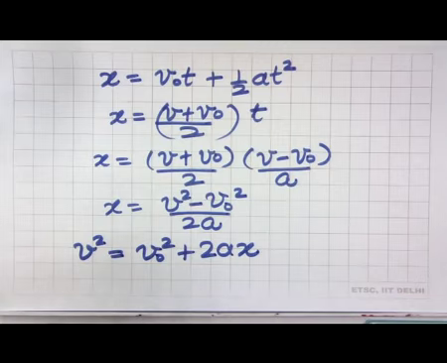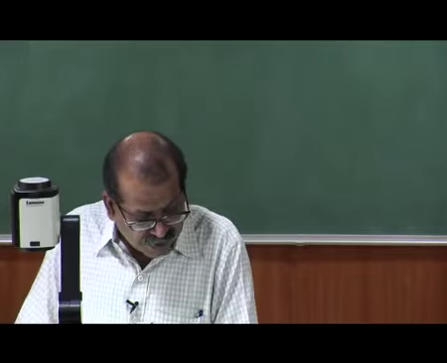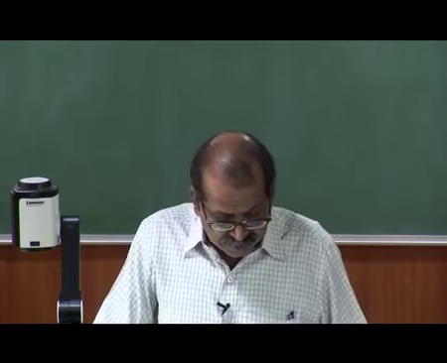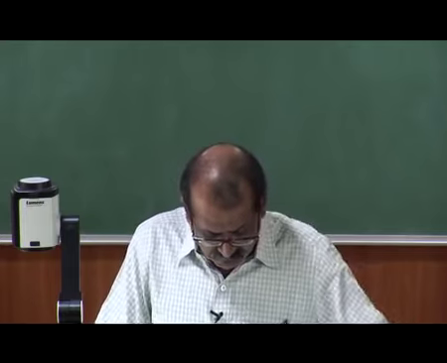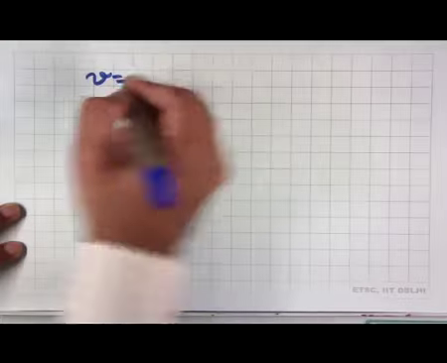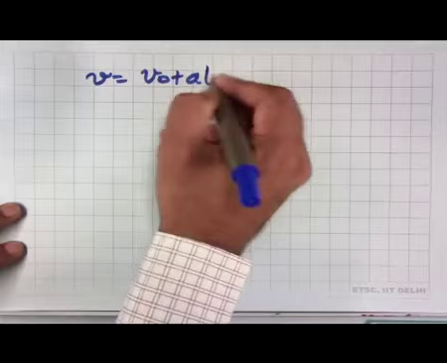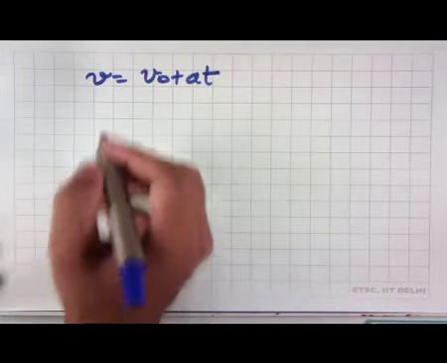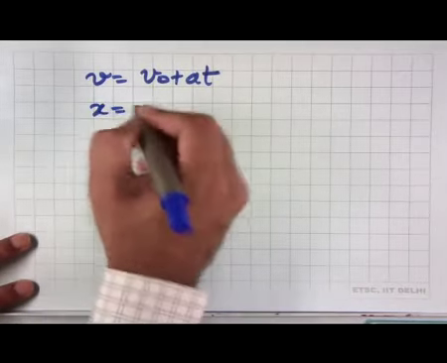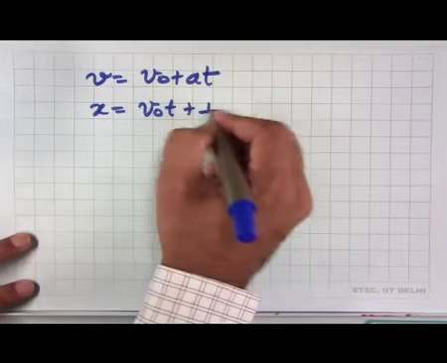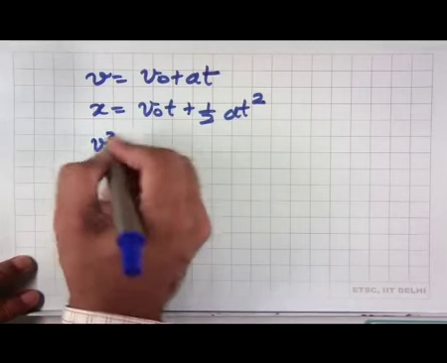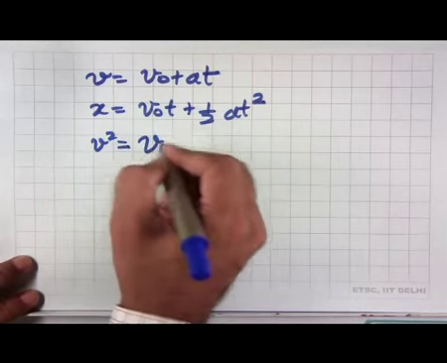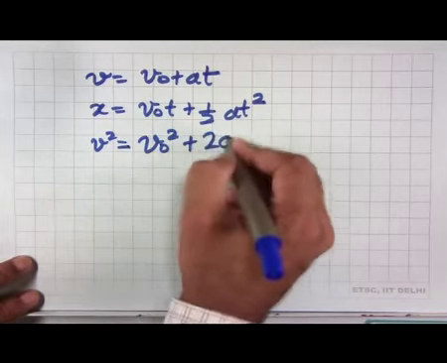So, these we can take as the basic formulas. If I just list them again for the sake of completeness, we have the first formula, which was v is equal to v0 plus at, and then we had x is equal to v0t plus half at square, and then we have v square is equal to v0 square plus 2ax.